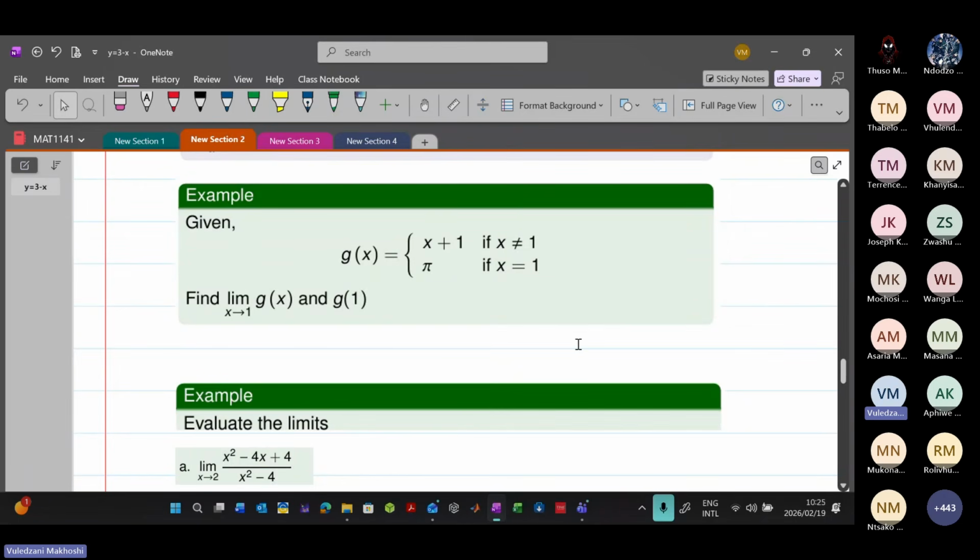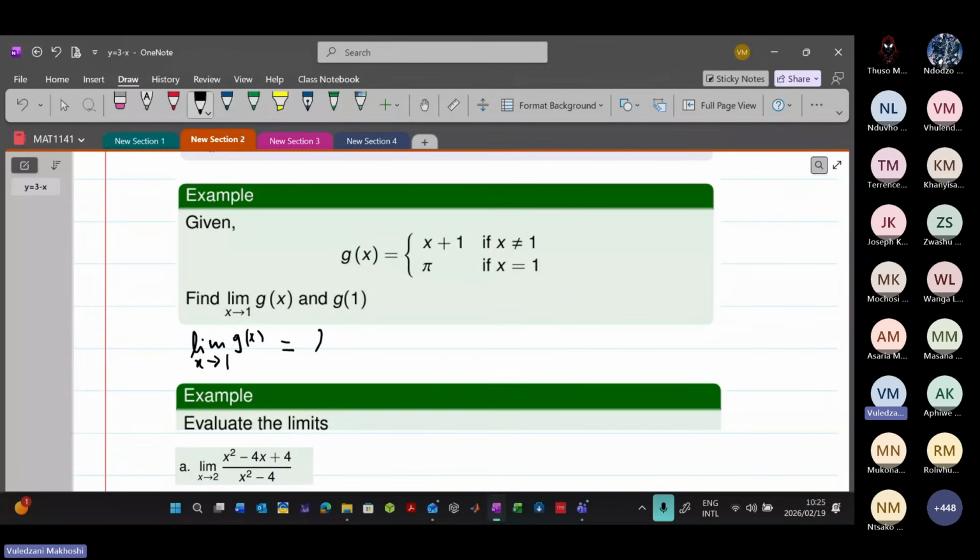In this example, we are given g of x, which is piecewise defined like this: g of x equals x plus 1 when x is not equal to 1, and g of x equals pi if x equals 1. If we talk of the limit of g of x, x can approach 1 either from the left or from the right, it doesn't really matter.